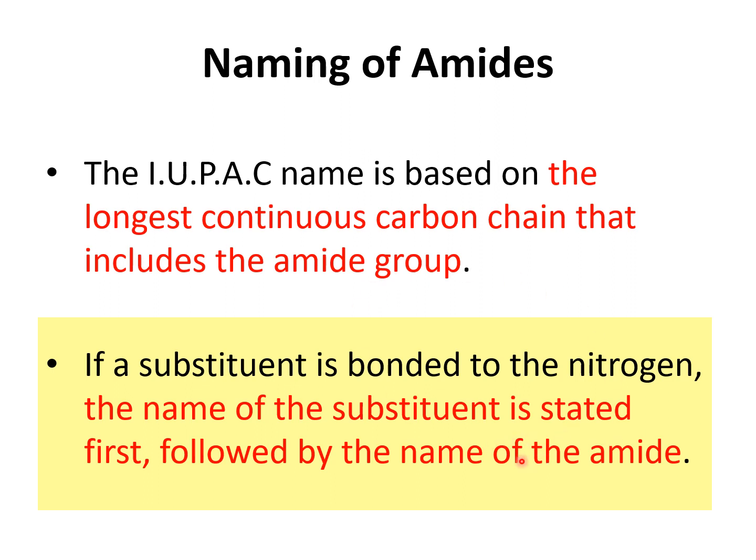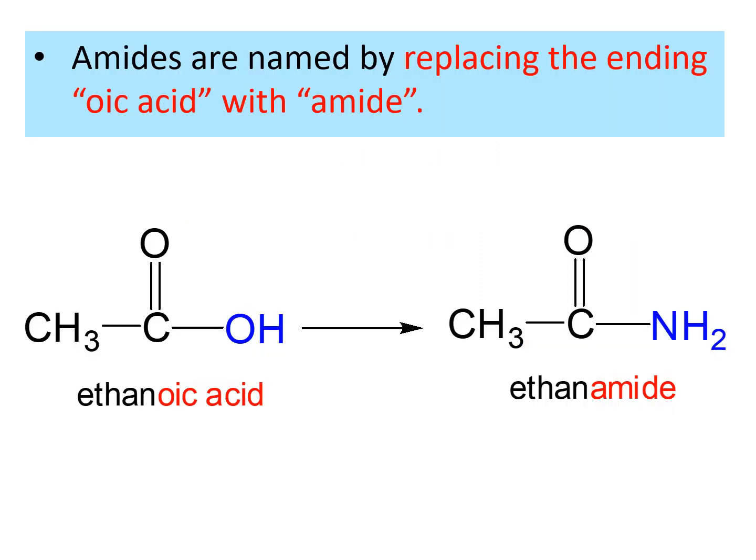We will see the example later. The name of the substituent is stated first, followed by the name of the amide. I'm sure you still remember how to name carboxylic acids. It is quite similar. You just need to replace the -oic acid ending of the carboxylic acid with -amide at the end of the name.